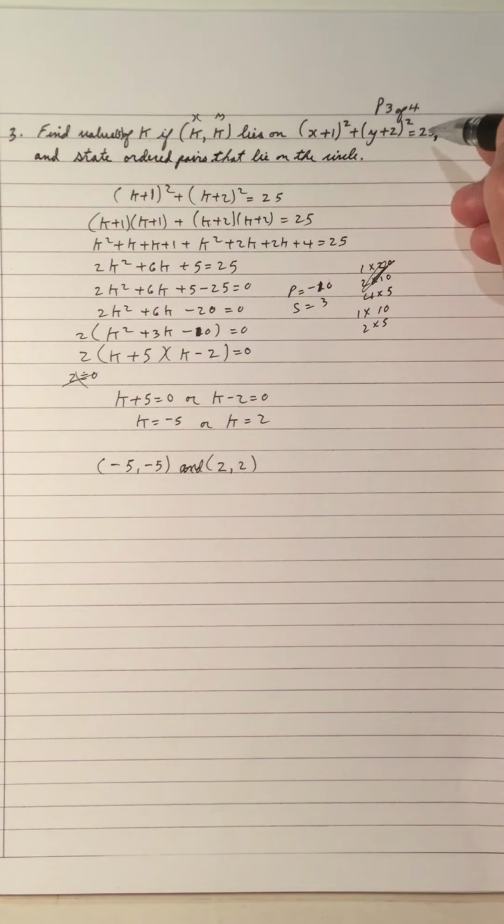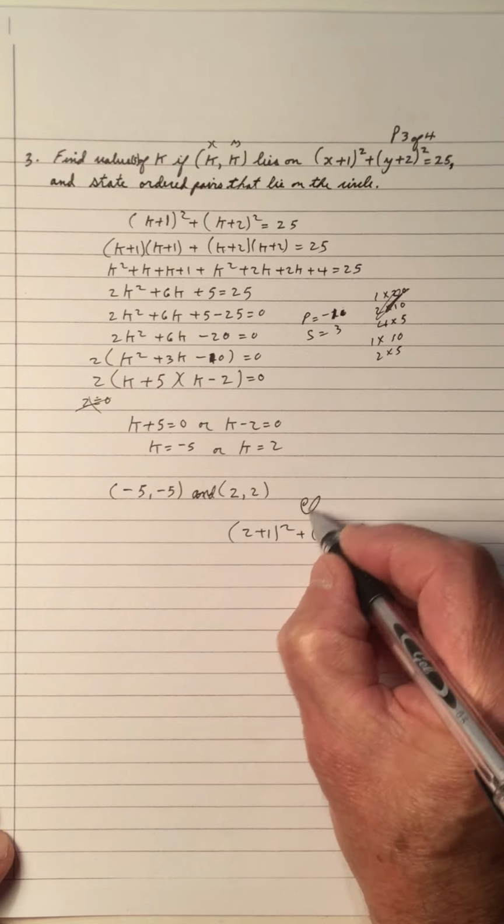And a little error there, but again, if you make an error, go over it and see if you can find it. Check it out. So I'll just go back to here. Let's just try the 2, 2 for a second. 2 plus 1 squared, plus 2 plus 2 squared equals 25.